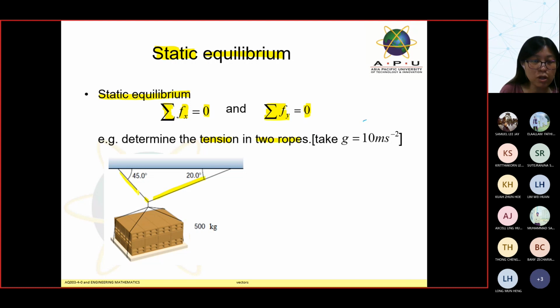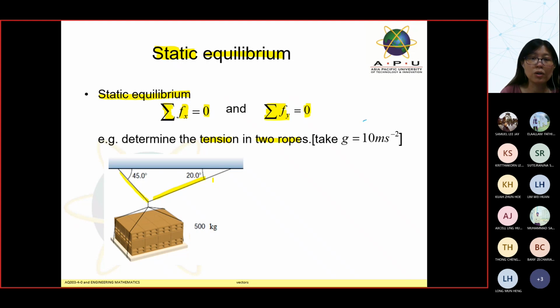Can you see we have two ropes hanging an object of 500 kg? These are the angles of the two ropes: 20 degrees measured from the horizontal line, and 45 degrees measured from the horizontal as well.